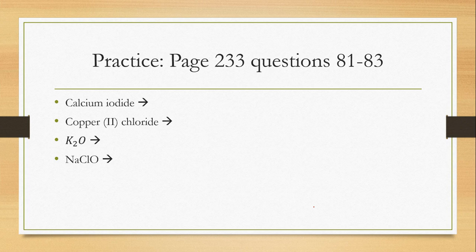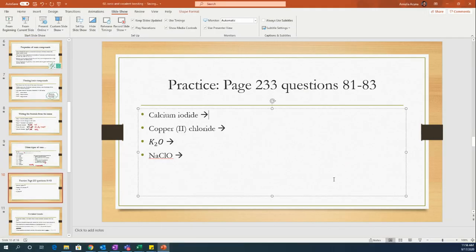So let's do some practice here before I let you go. We have calcium iodide. We're going from the name to the formula. So calcium has a +2 charge. And then we have iodine, which has a -1 charge.